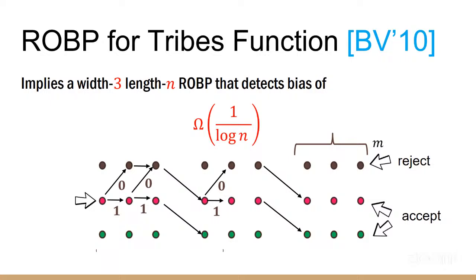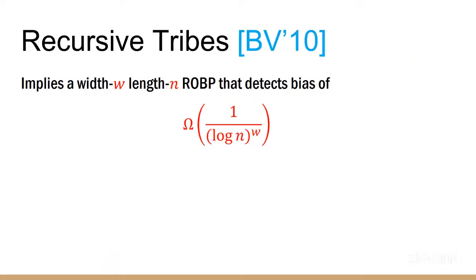Okay. So just using recursive tribes, by setting the recursive tribes parameters rightly, we can say that this implies a width w, length n read-once branching program that detects a bias of 1 by log n. And this is basically tight.